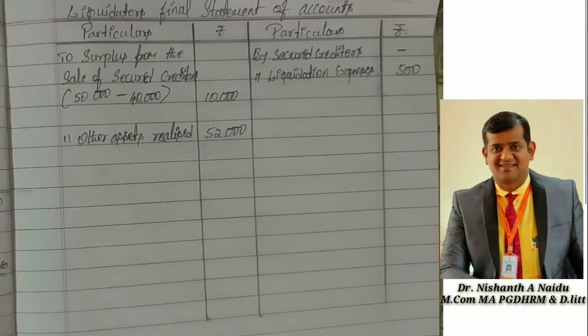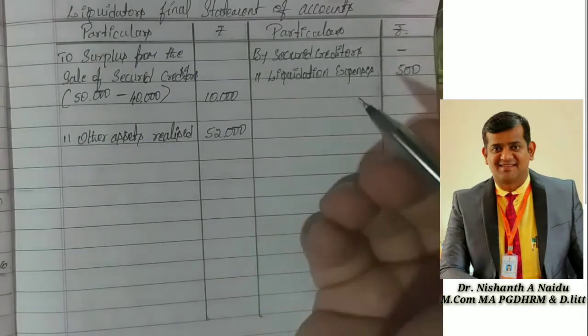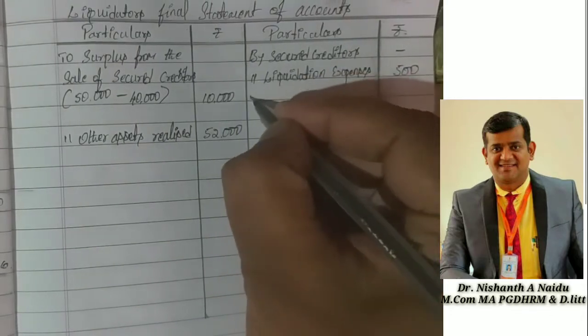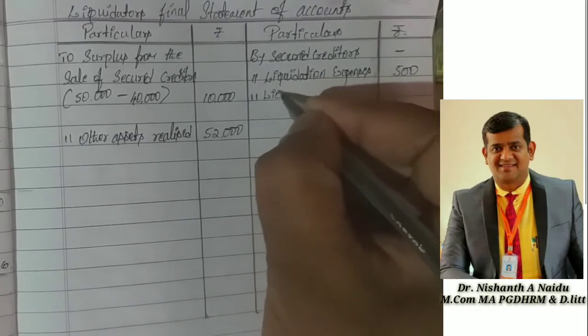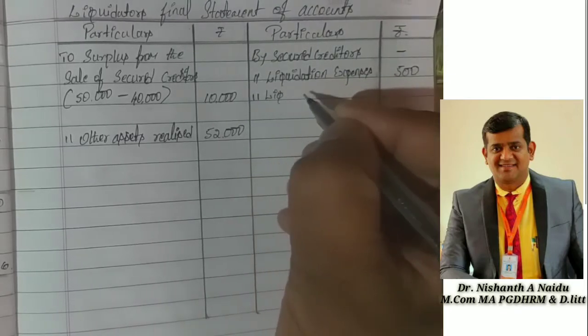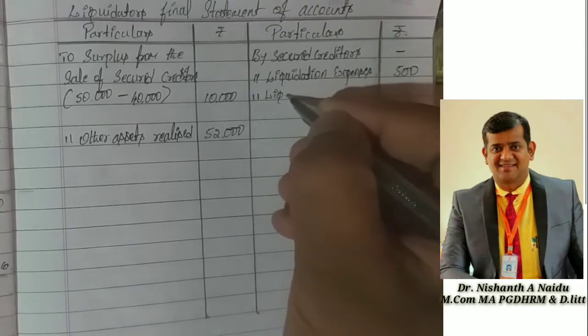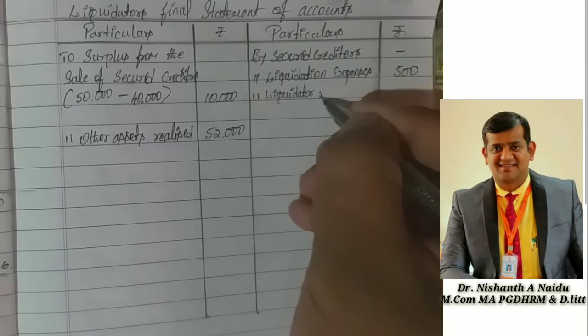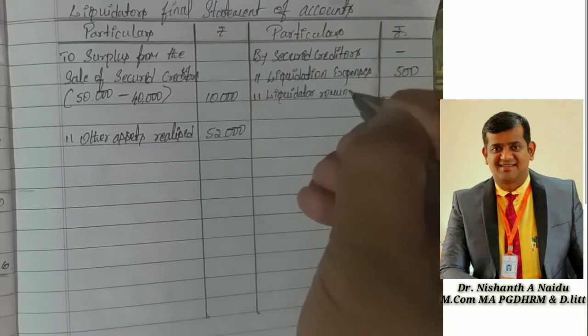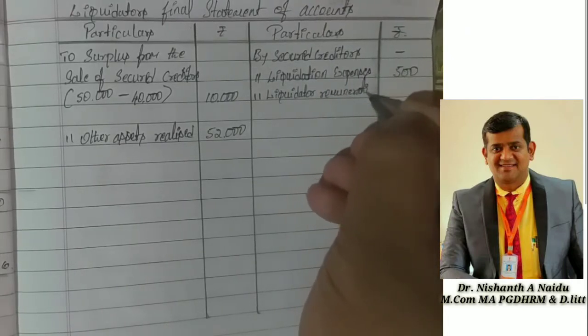500 rupees. So next we are supposed to calculate the liquidator's remuneration. This is a bit tricky point, and you have to be calculative. Here the majority of the students will commit mistakes, so you have to be very careful while calculating this. Liquidator's remuneration.